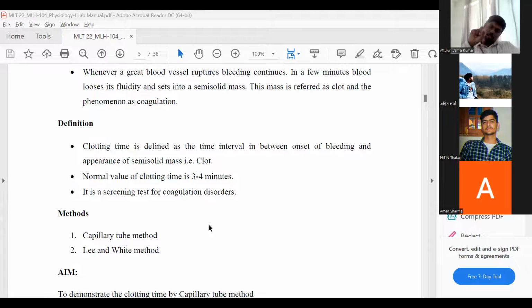blood in a test tube without anticoagulant, and this test tube will be kept in a water bath. The water bath will maintain 37 degrees centigrade. That means here we are assessing the clotting status of the blood at body temperature.